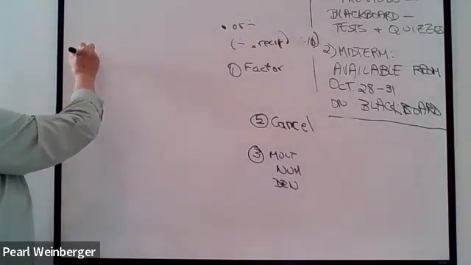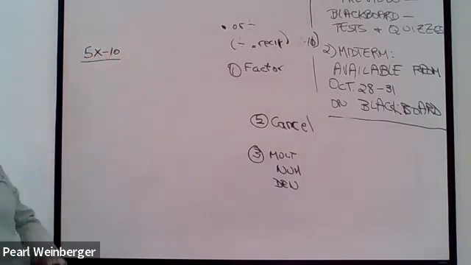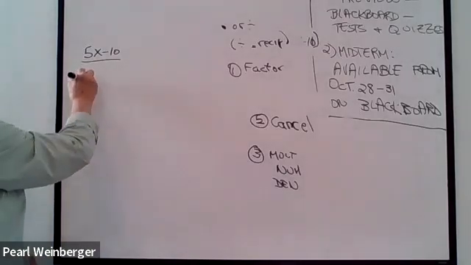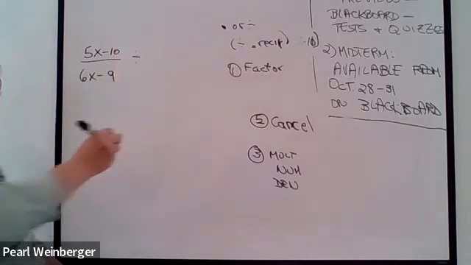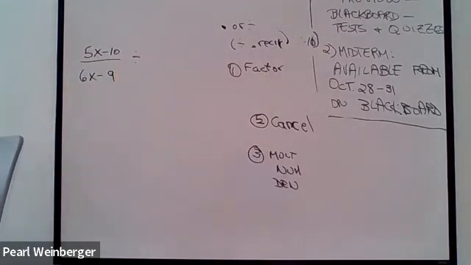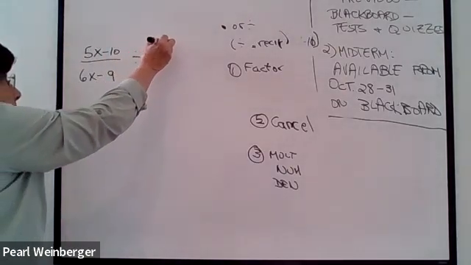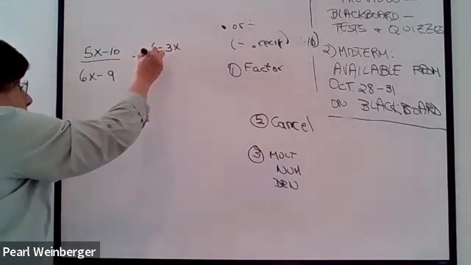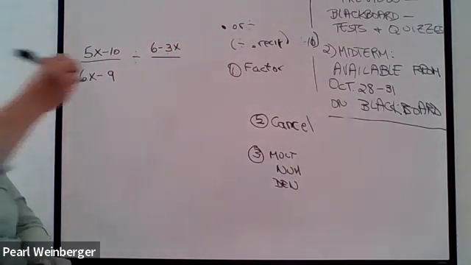I have 5x minus 10 over 6x minus 9 divided by 6 minus 3x over 8x minus 12.